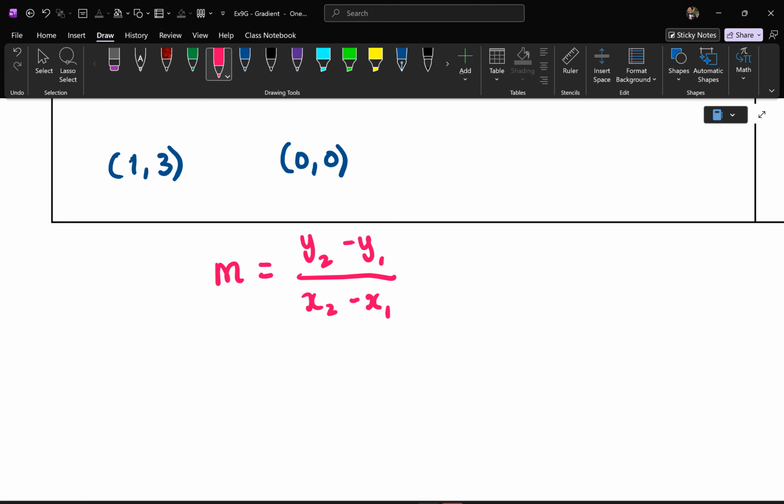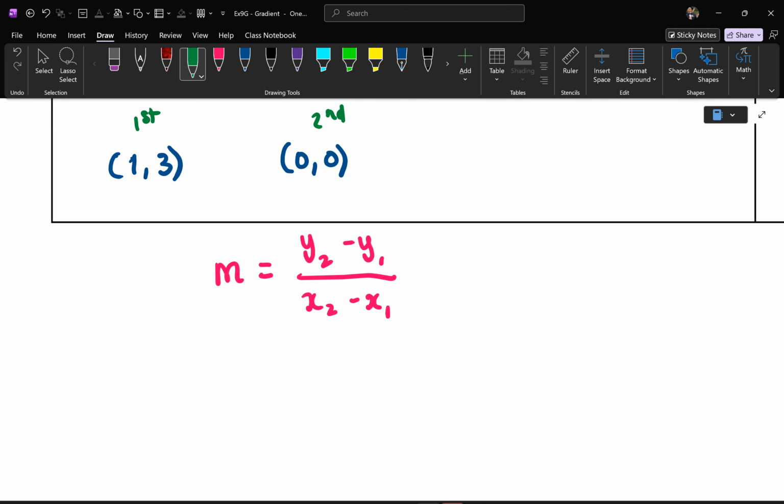This is how easy it is. The 1s and 2s just means first point and second point. So it doesn't matter which one's the first or second. You can name it however you want. So you can say, this is the first point, this is the second, or you can flip it around. This is the x coordinate, this is the y coordinate of the first point.